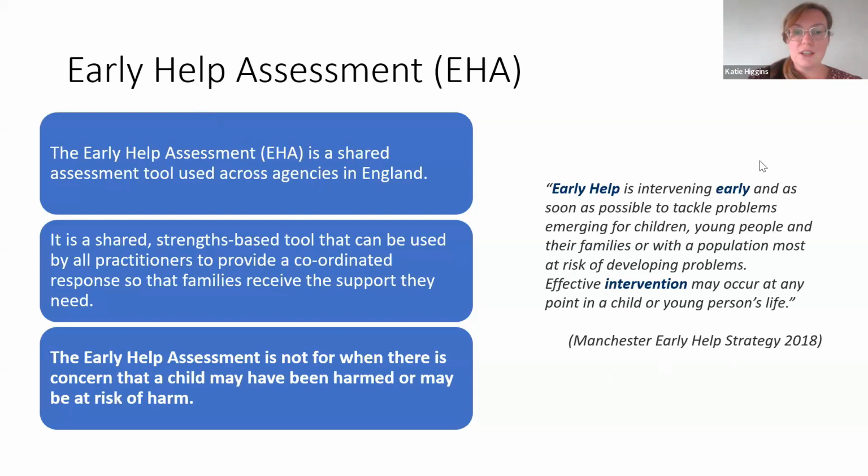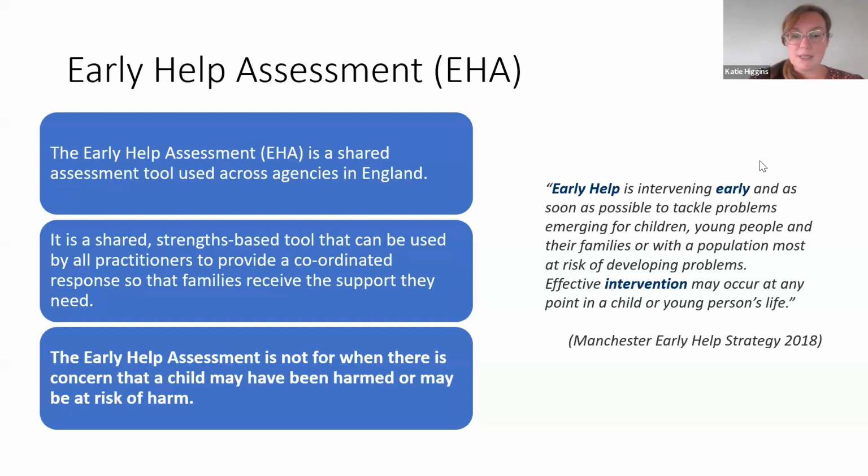It's a shared strengths-based tool that can be used by all practitioners to provide a coordinated response so that families receive the support that they need, so that it's this kind of one care plan, this shared care record between health and social care and education, with the needs of a child well documented on this framework, so everybody knows what's going on for the child.